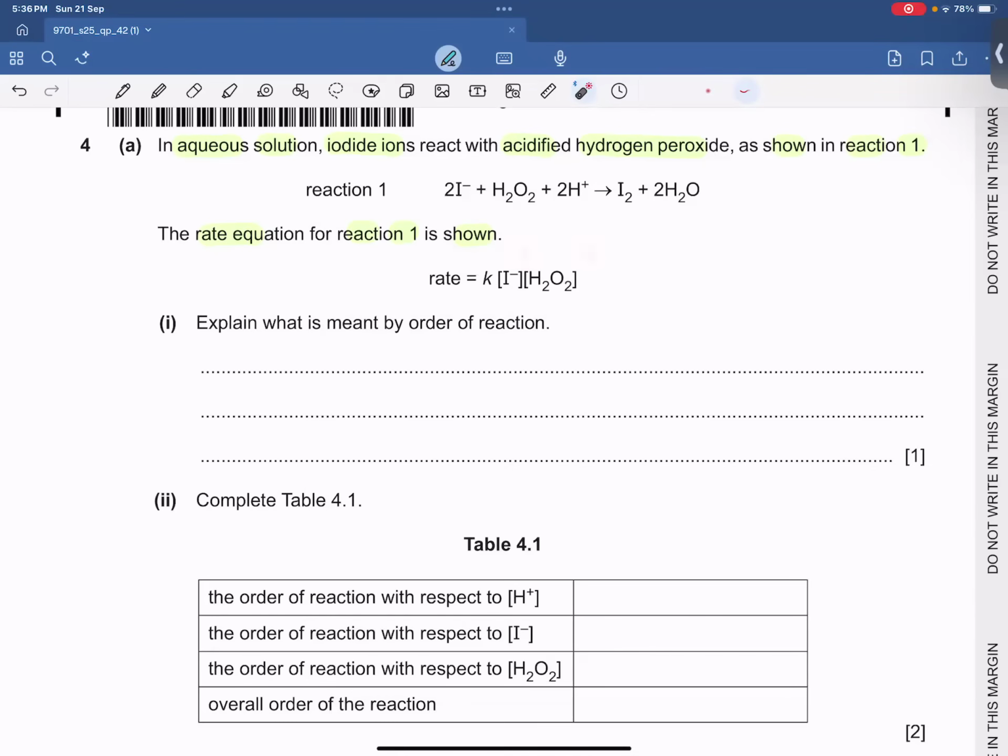All right, so the first part of the question is, what is meant by order of reaction? Oh, that's easy.